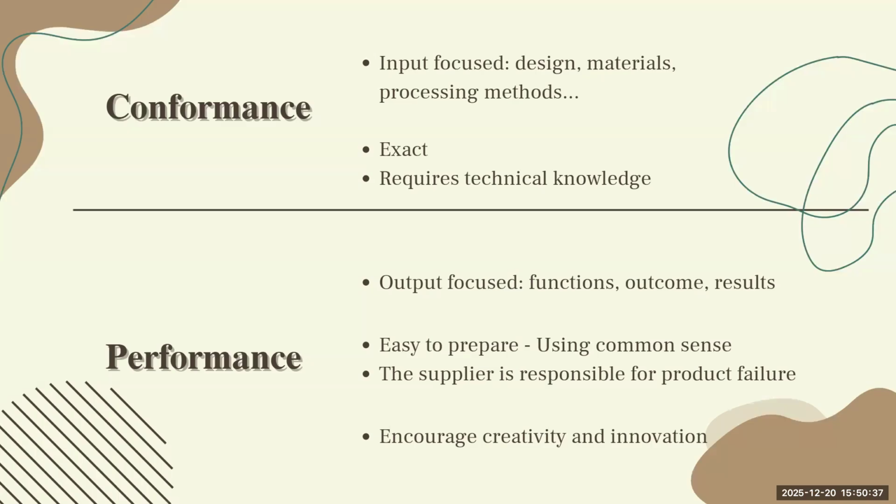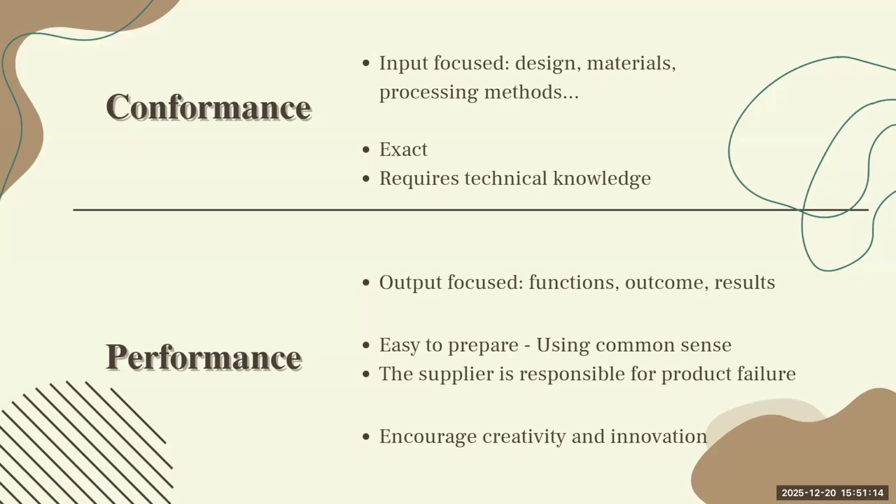On the other hand, we have the performance spec. Performance spec tends to focus on outcome, output, the function, or the result. So it could be easier to prepare, and we can understand what the end user may need, what procurement may need, and prepare that description of the outcome and the output. And one of the advantages of performance spec is that the supplier is totally responsible for the product failure.